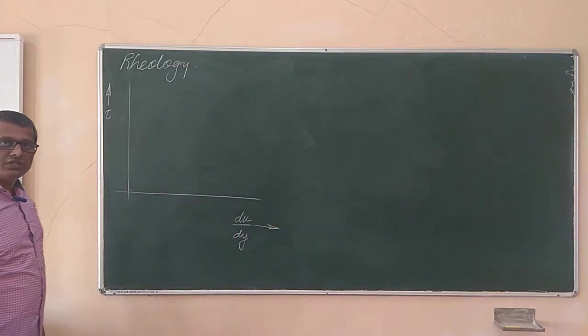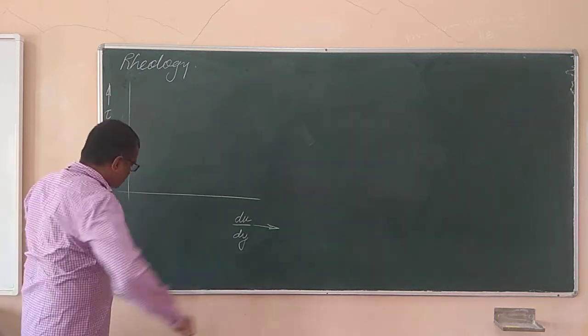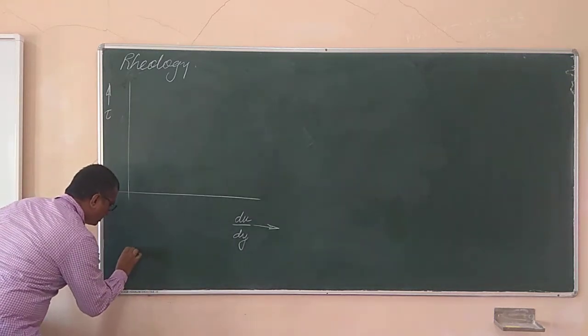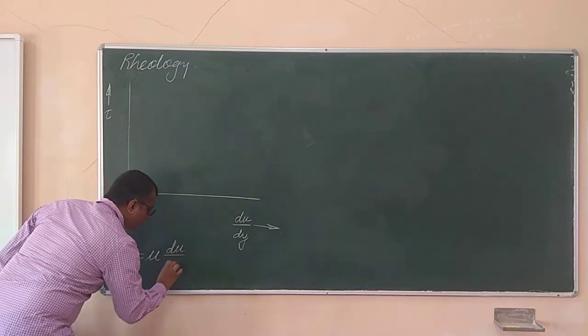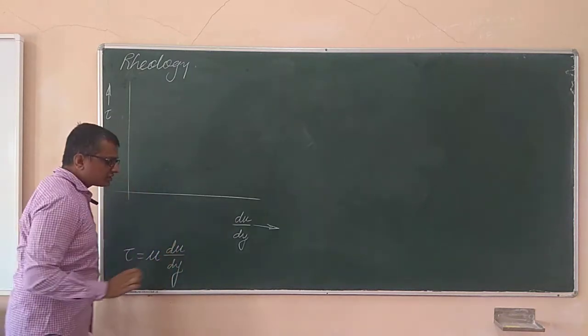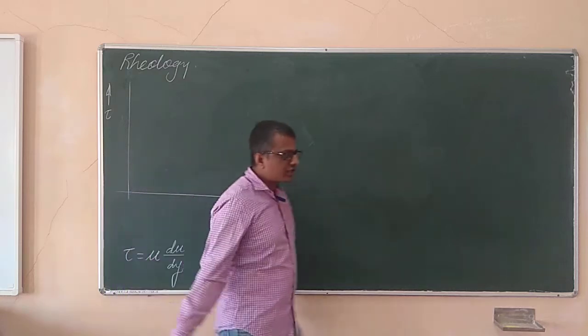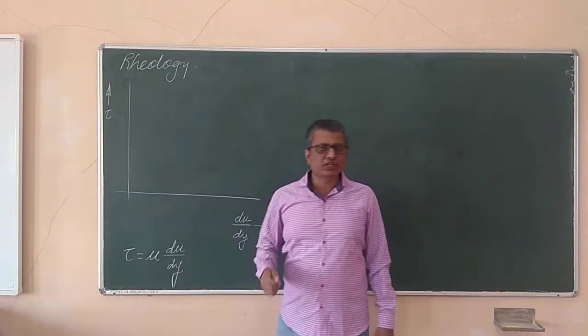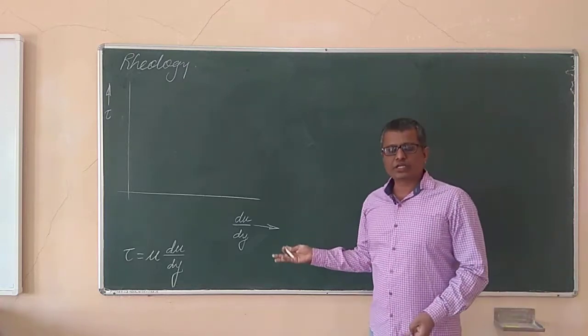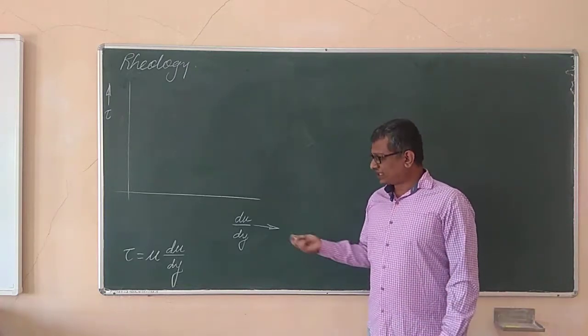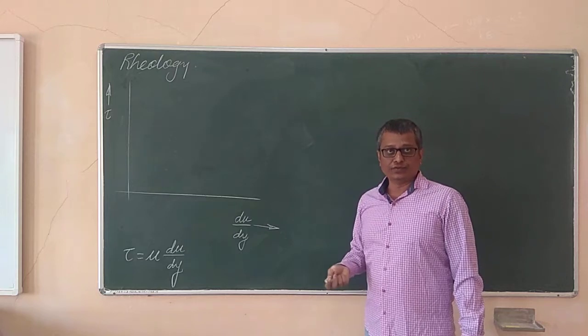Now we have already seen Newton's law of viscosity, and that law is tau equals mu into du by dy. There are some fluids which follow this equation. We call such a fluid a Newtonian fluid, and the fluid which does not follow that equation, that is Newton's law of viscosity, we call a non-Newtonian fluid.